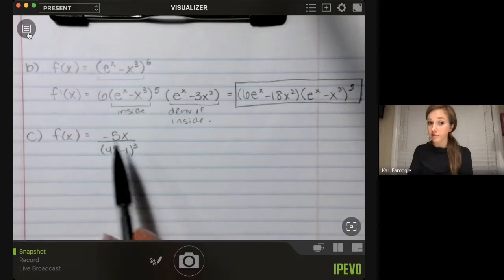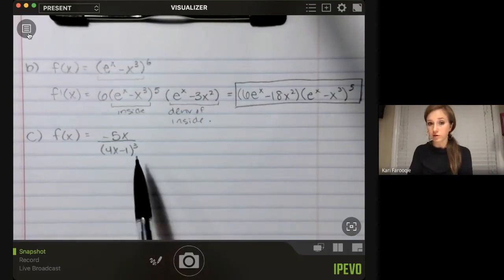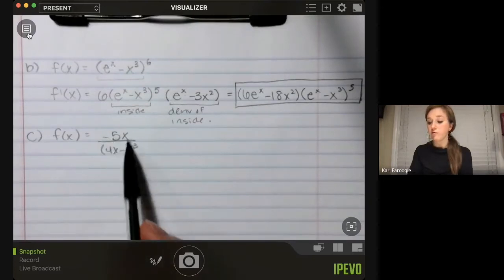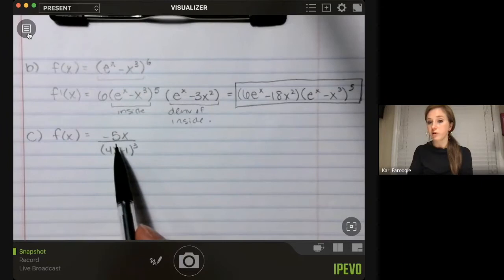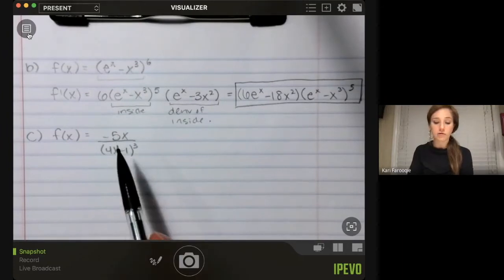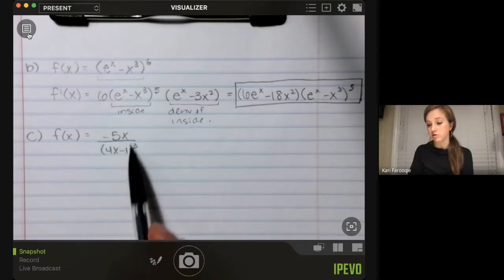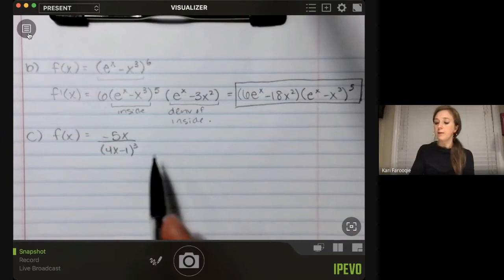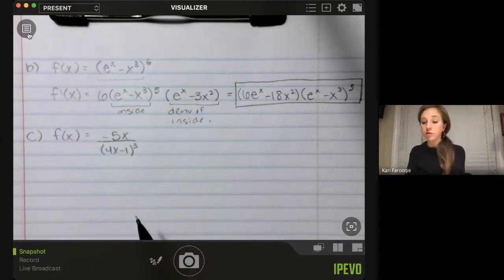There's a composite function going on here. It's not just x cubed, it's a function of x that's being cubed, 4x minus 1 cubed. But you also have in the numerator some function of x. You don't just have a constant like we did in example A. If we did, we could just rewrite this as a product and do a constant multiple. But we don't have that. So we're going to have to use the quotient rule here.